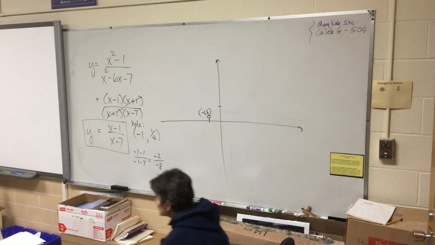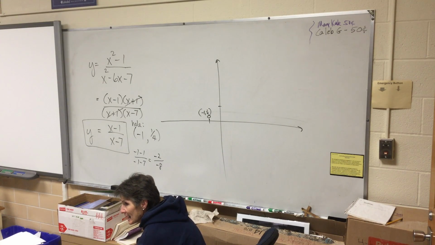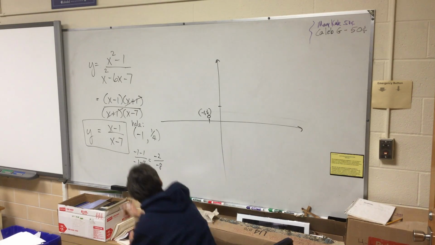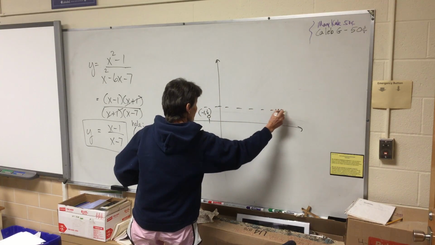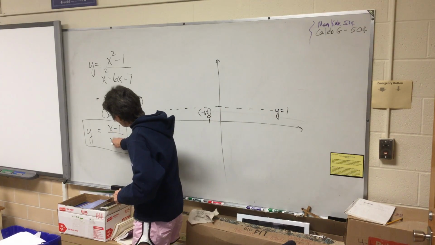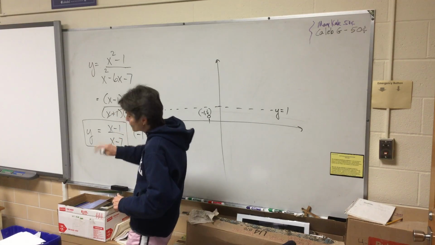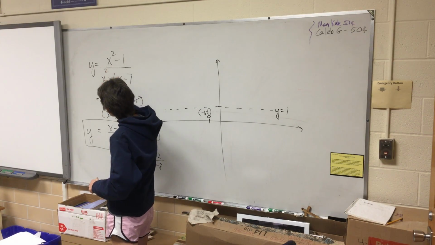All right, did anybody get any further than this? Did anybody get an asymptote maybe? I got y equals the horizontal one. Okay, what's the horizontal one? 1. Yep, y equals 1 is your horizontal asymptote. Guys, don't be confused. Look, you have x over x, or if you go back to the original, x squared over x squared.